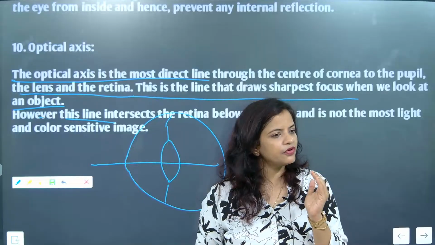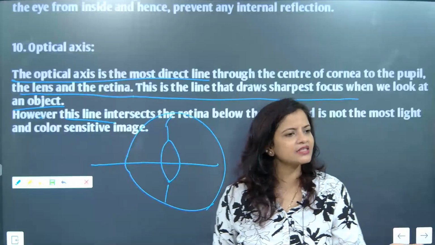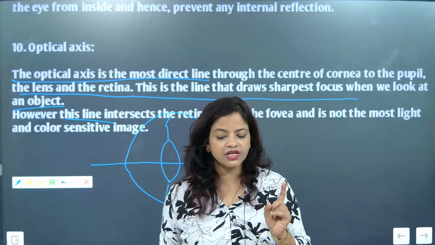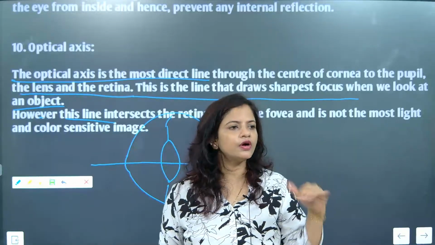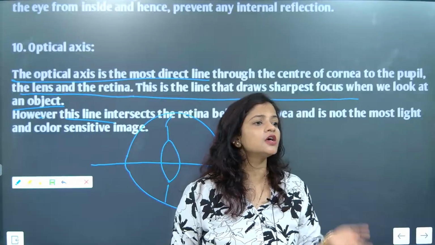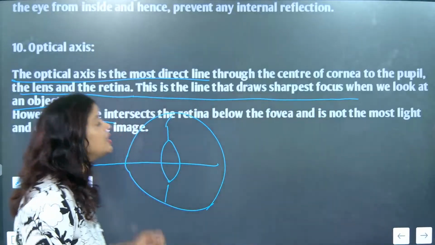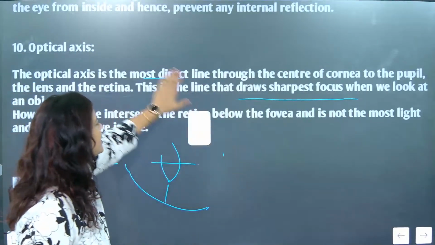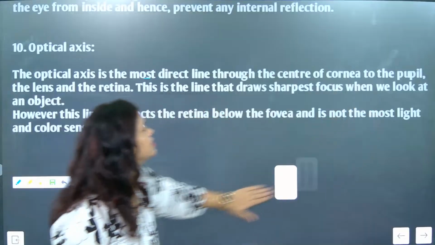We could have said principal axis because we are using a lens, but we are not using that word. What word we are using here is optical axis. Come on, online children, start answering my question. And that part is considered as what? Optical axis.